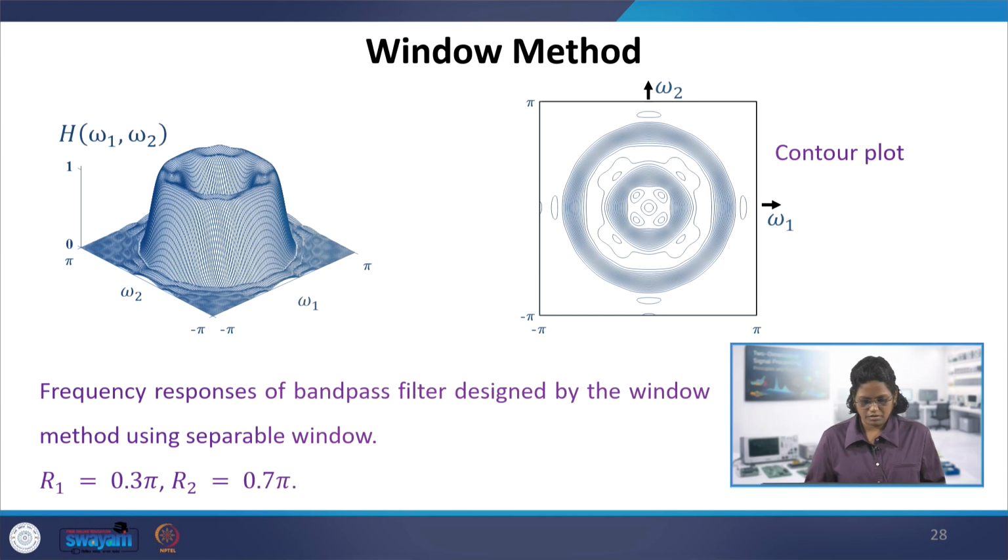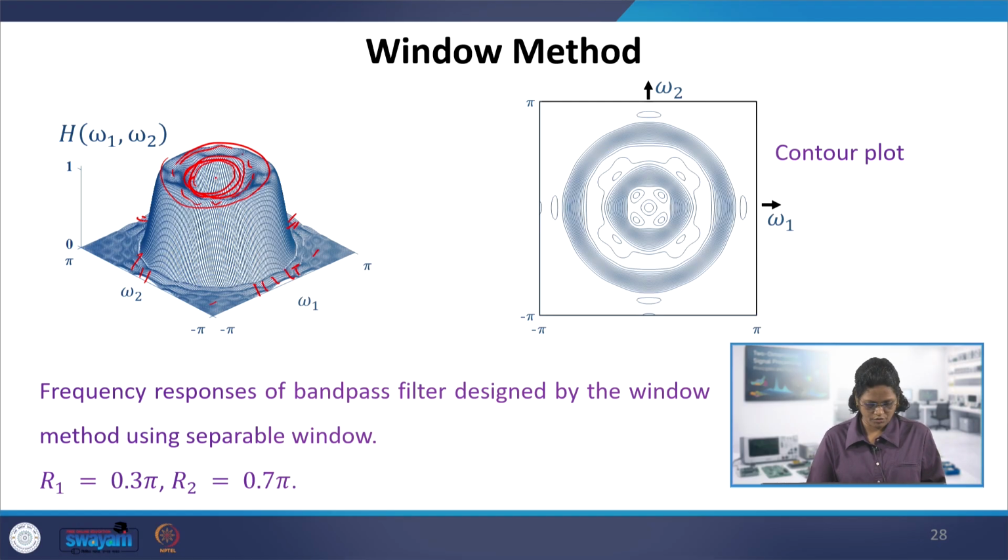And for the case of band pass filter and using this separable window, so again the separable window can be observed from the center, that omega 1 and omega 2, and this is the band of frequencies. You can see here this band is the pass band. Similarly, the contour plot from here. So this is at the center, and this is the band of frequencies, you can say it is passed.